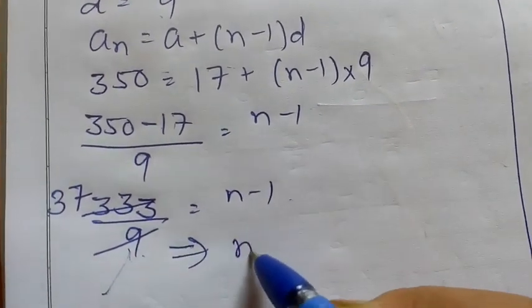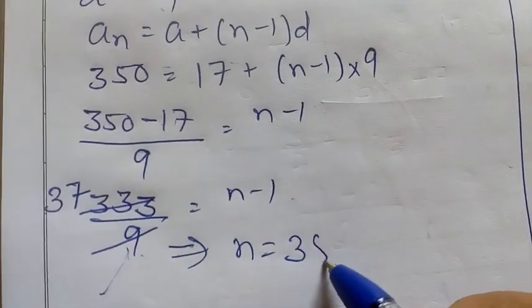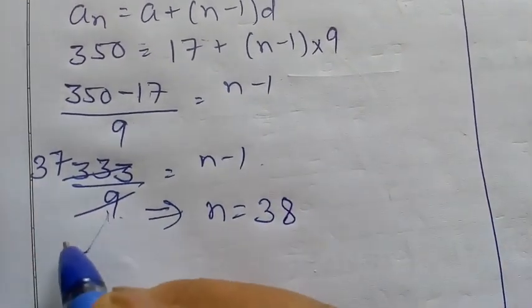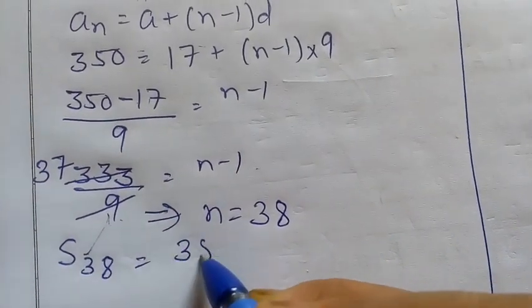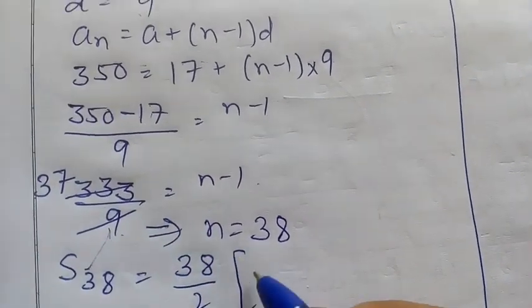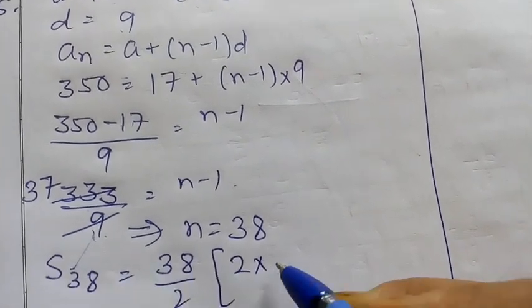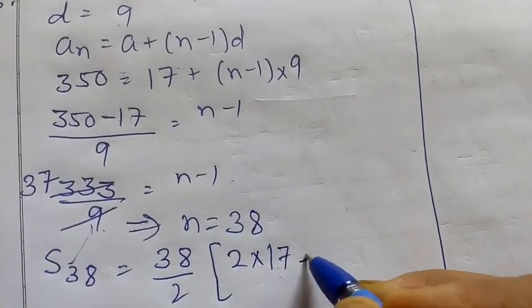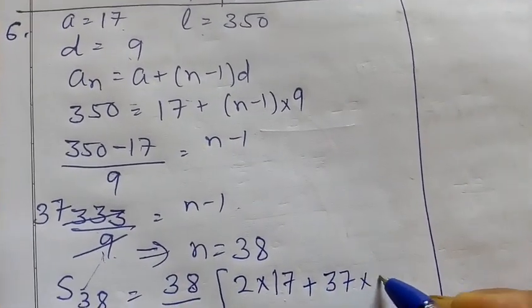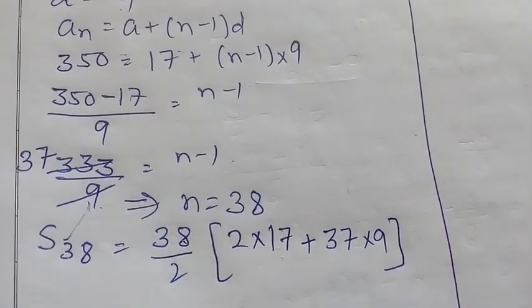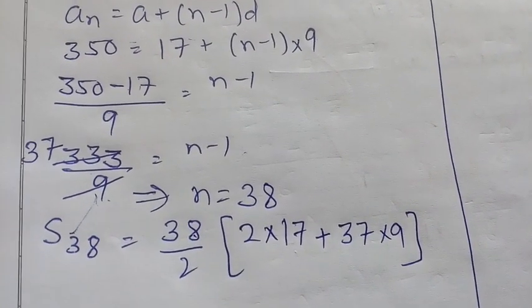It means n equal to 37 plus 1, 38. And you have to find the sum of 38 terms. It means n by 2, 38 by 2, into (2a, a equal to 17, plus n minus 1, it means 37 into d, d is 9). Solve this equation, you will get the answer.